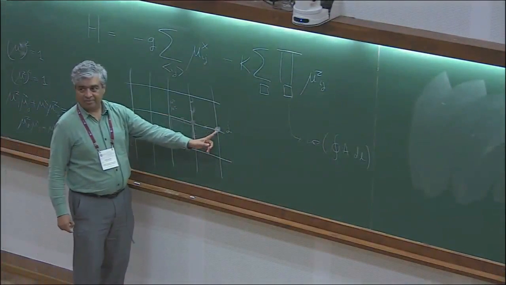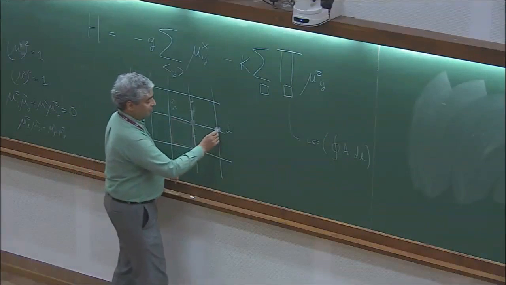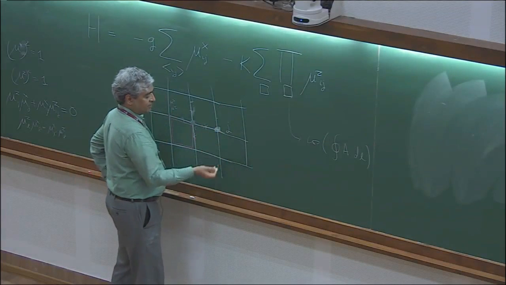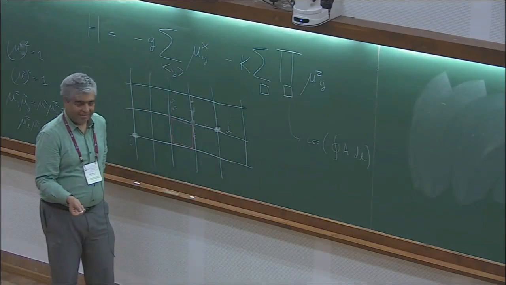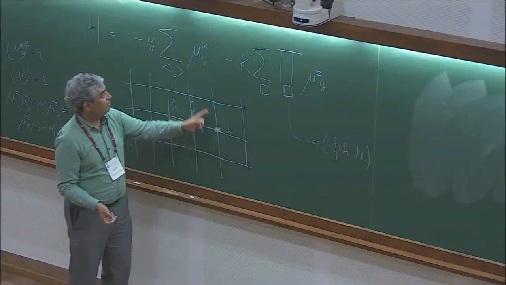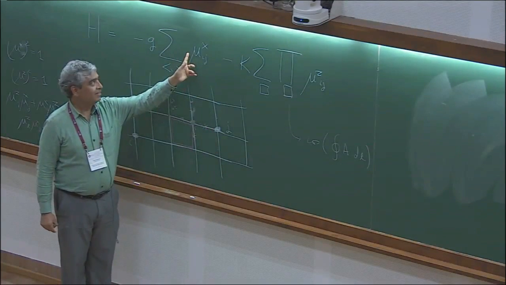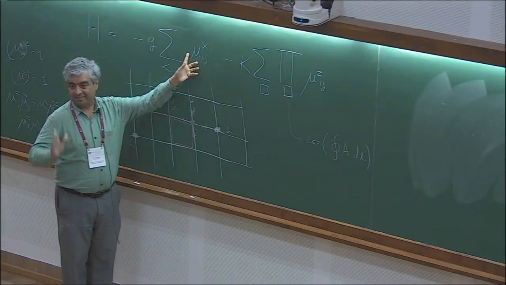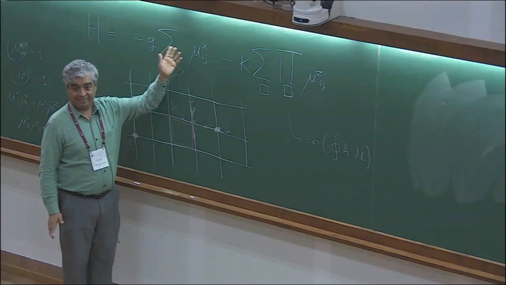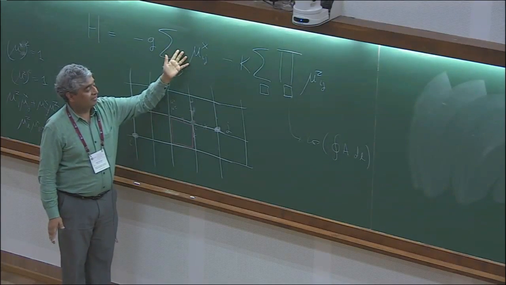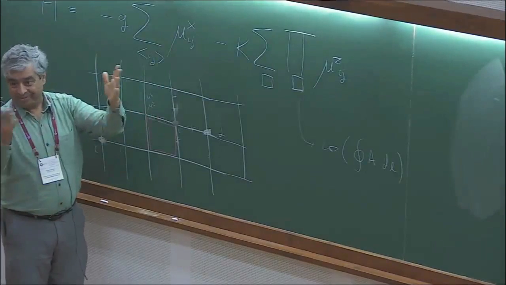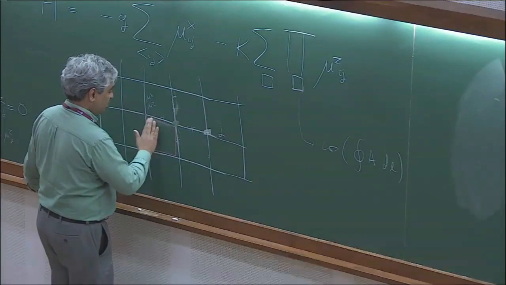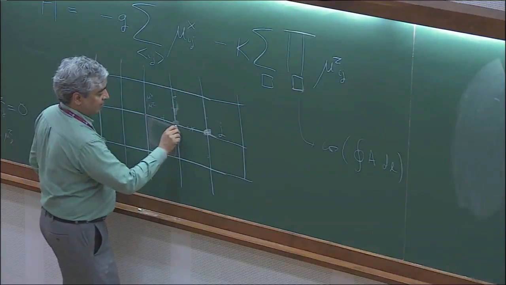I want mu x equals -1 here. That means at least one, an odd number of these 4 should have mu x equals -1. Every time mu x equals -1, from this term I pick up energy 2g, which is huge. So I want to minimize the number of -1s. So this costs a lot of energy. Every -1 costs an energy. So clearly I don't want 3, I only want 1. I want 1 -1 over here. So this thing becomes -1.